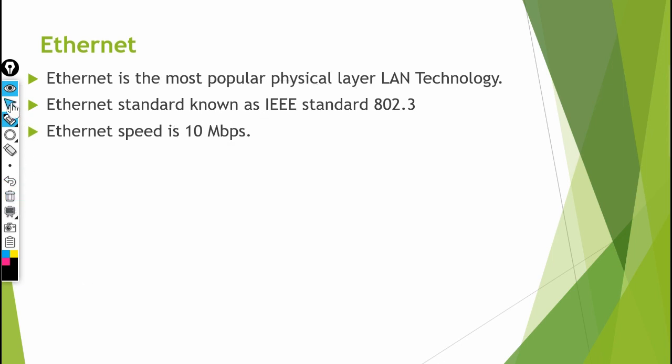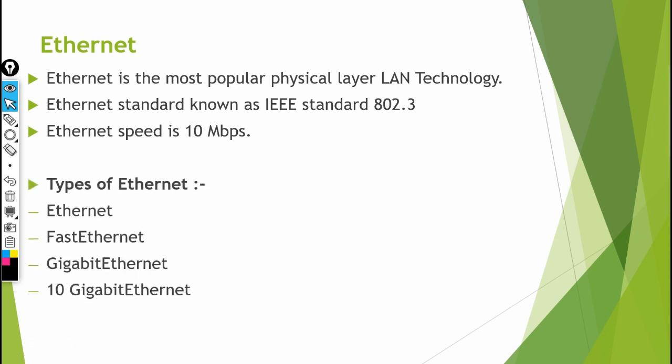But later on this Ethernet gets enhanced, and we have the different version of it, where you have Ethernet 10 Mbps, fast Ethernet 100 Mbps, gigabit Ethernet 1000 Mbps, and 10 gig, it is your 10,000 Mbps of a speed that we have.